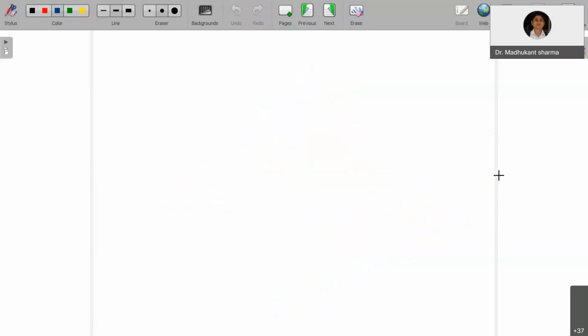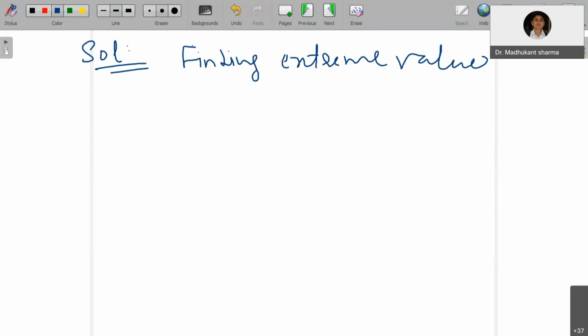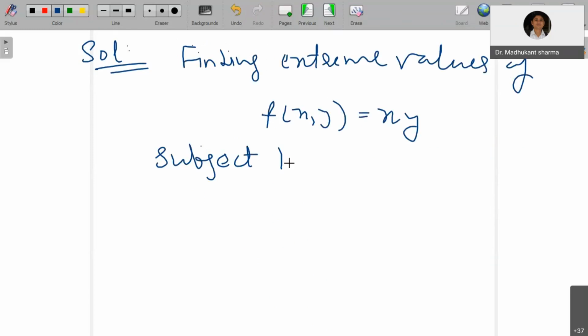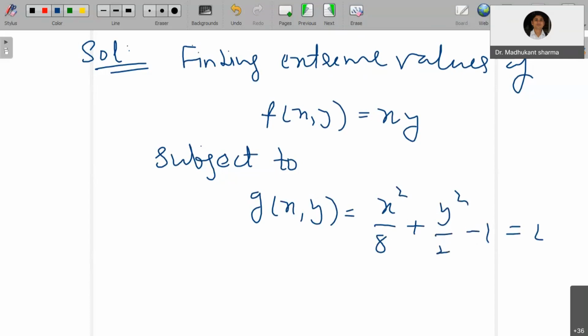Now let's apply the method of Lagrange multiplier. We are interested in finding the extreme values of f(x, y) equals x into y, subject to the constraint g(x, y) equals x square by 8 plus y square by 2 minus 1 equals 0.